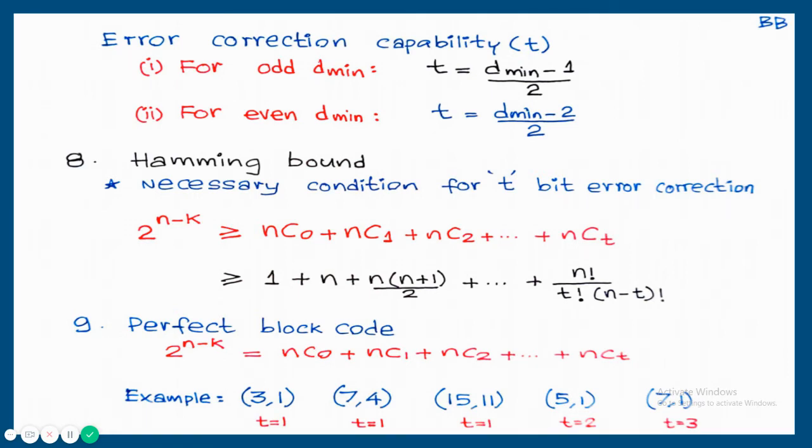It can be written again as 1 plus n plus n into (n minus 1) by 2 plus etc. plus n factorial upon t factorial into (n minus t) factorial. This will be clear when we are studying the decoding process.